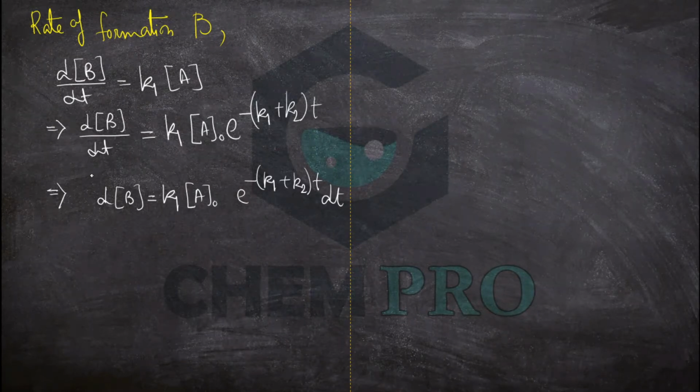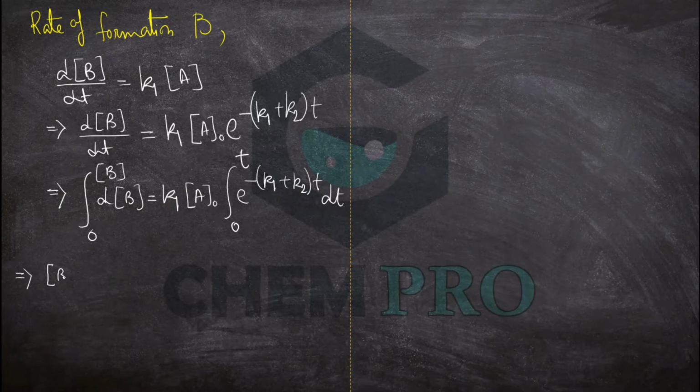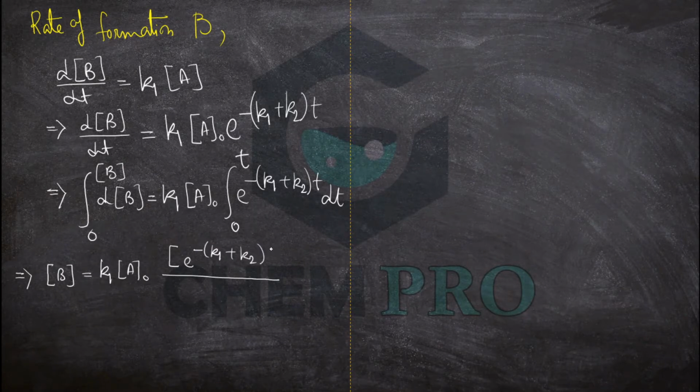Here we integrate B from 0 to B, and t from 0 to t. From this the concentration of B equals K1 A0 times e to the power minus (K1 plus K2) t, evaluated from 0 to t, divided by minus (K1 plus K2).